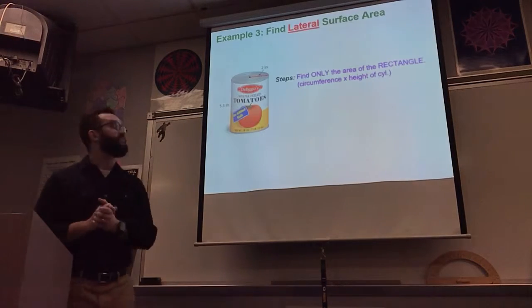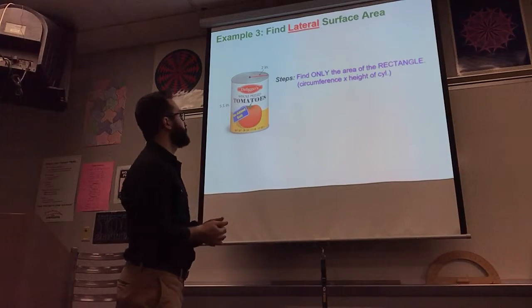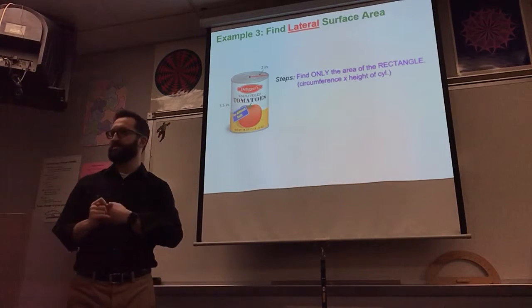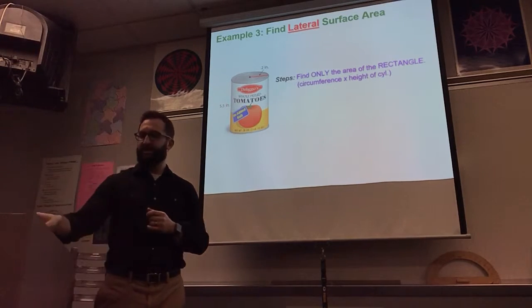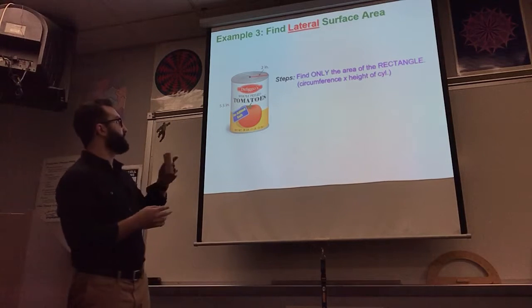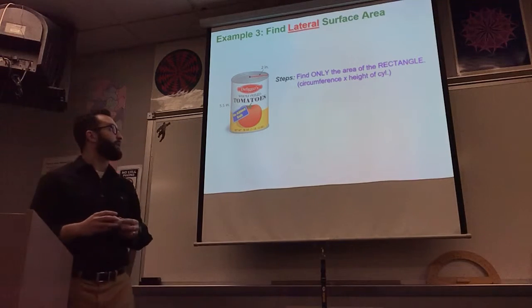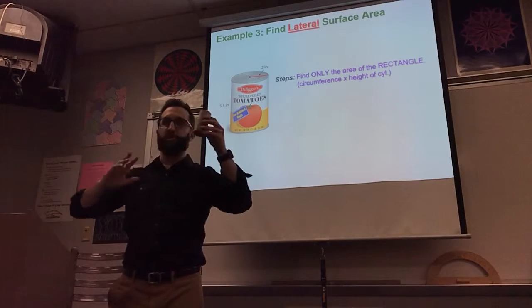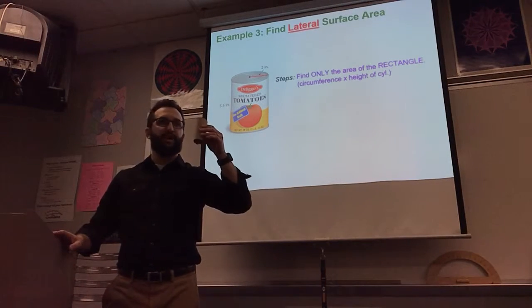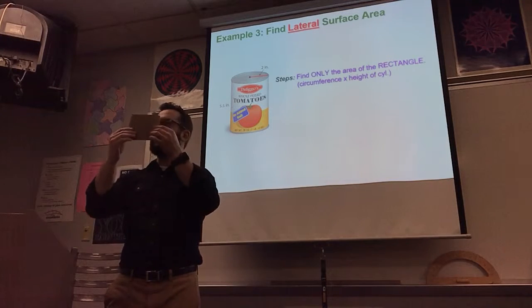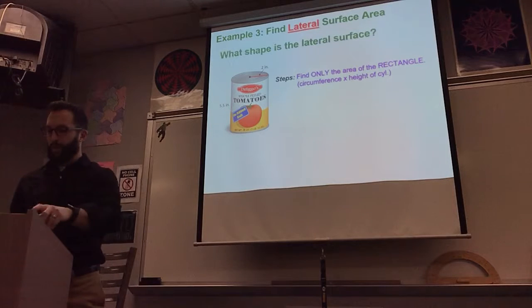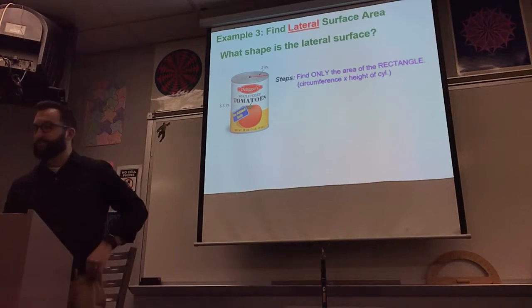Okay, so we want to find the lateral area. Why do we ignore the circles? This question says find only the lateral area. Find only the area of the rectangle. That's what you found yesterday when you were working for Charmin. You found only the lateral area. So what shape is the lateral surface?